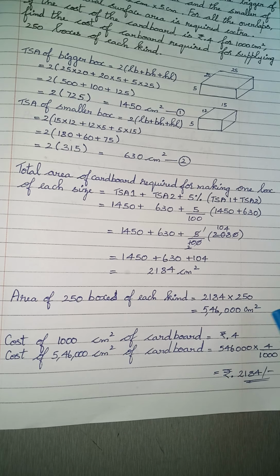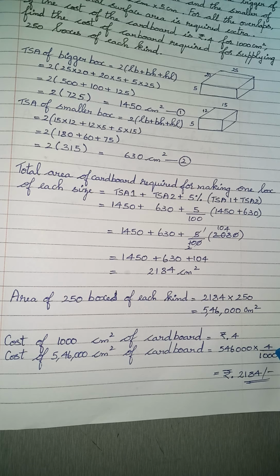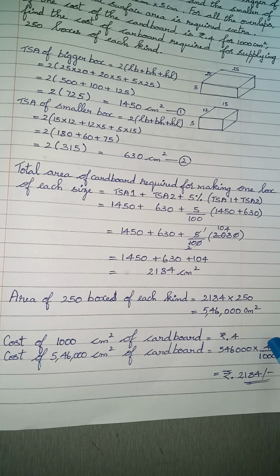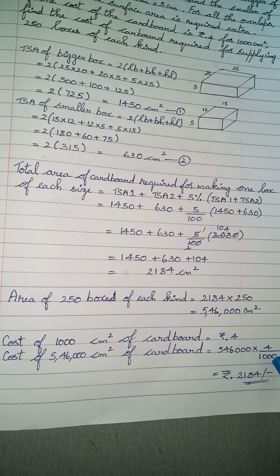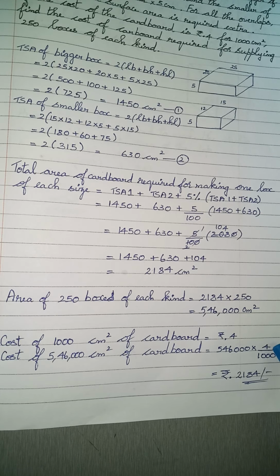Since the cost of cardboard for 1000 centimeter squared is 4 rupees, what will be the cost for 1 centimeter squared? To find that, we have to divide 4 by 1000. When you divide 4 by 1000, you will get the cost of cardboard for 1 centimeter square. That we are going to multiply by 5,46,000.